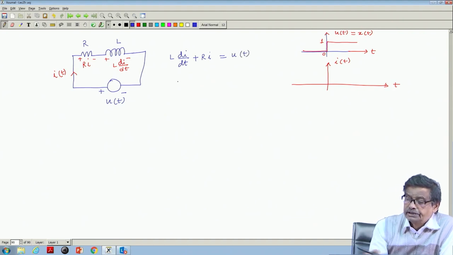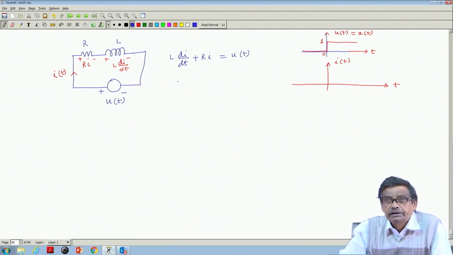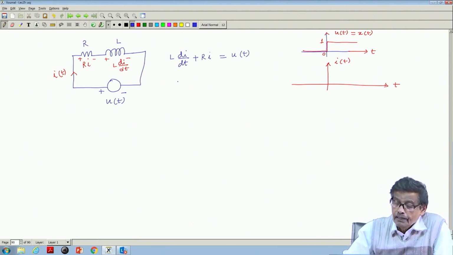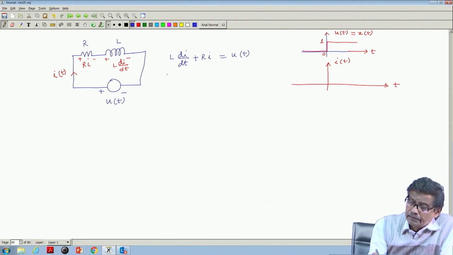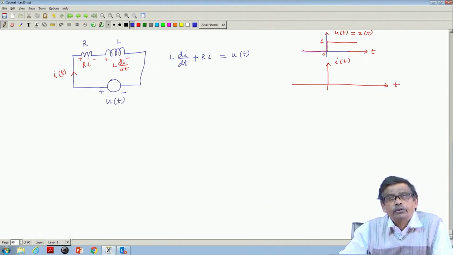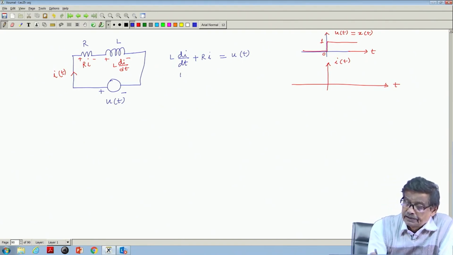So, in the time domain the differential equation is like this. Then you can take Laplace transform of both the sides. Take these points, you just try to note, take Laplace transform of both the sides.